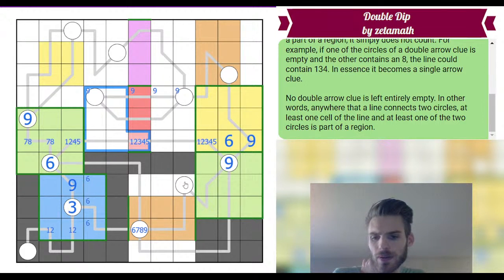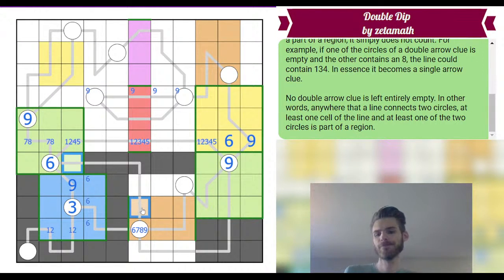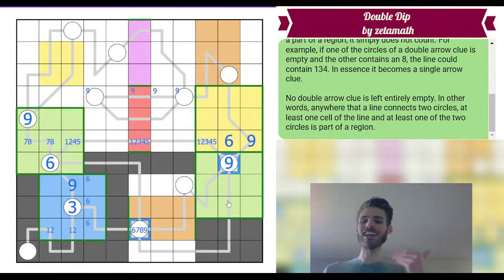So let's look back at this, because this is a high digit and a high digit. And if this and this is a high digit and a high digit. High digit and a high digit.